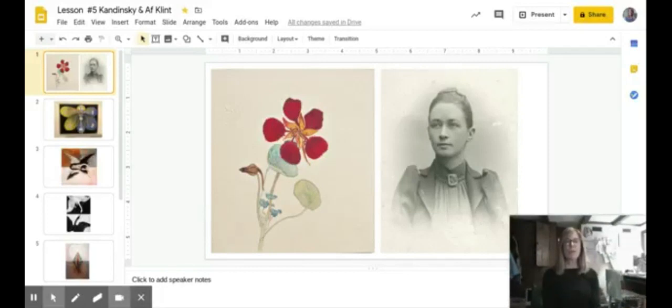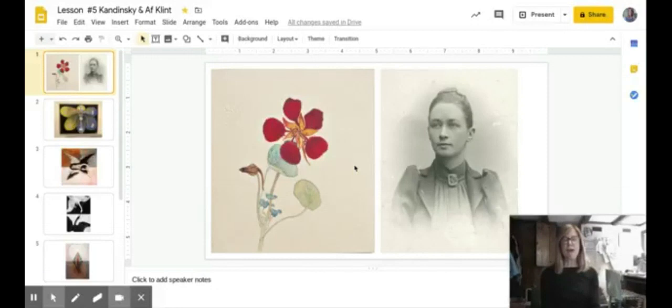This is Hilma af Klint, and when Hilma af Klint began her work as an artist, she was doing botanicals, as you can see to the left right here. This is an example of her work, and she was actually extremely successful at it. Hilma af Klint was born around 1867 or 1865, something like that.